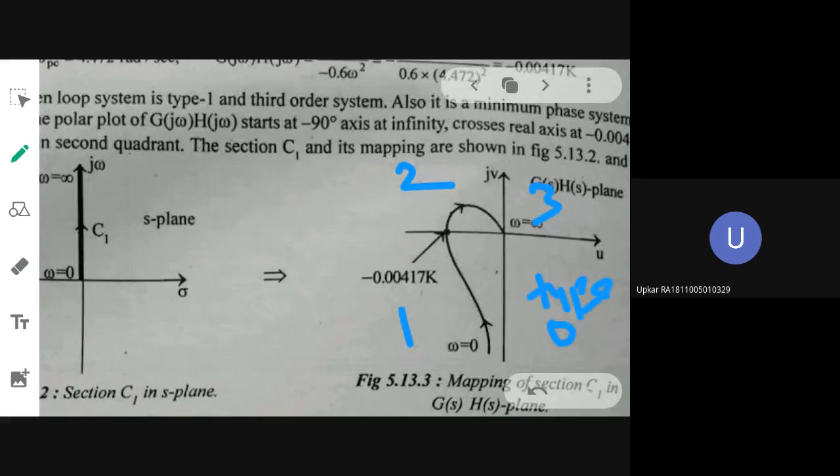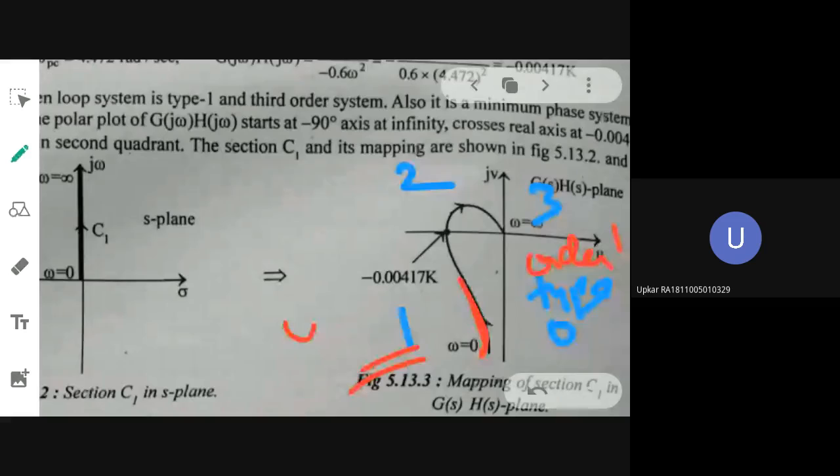Third quadrant. This is the type 1 quadrant. Then order 2 and order 3. Yours is an order 3 system, so where is the plot going to end? Termination is decided by the order, so it ends in the second quadrant.